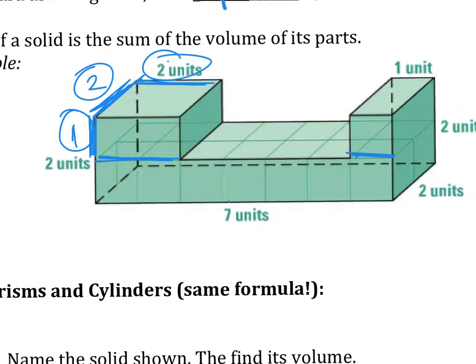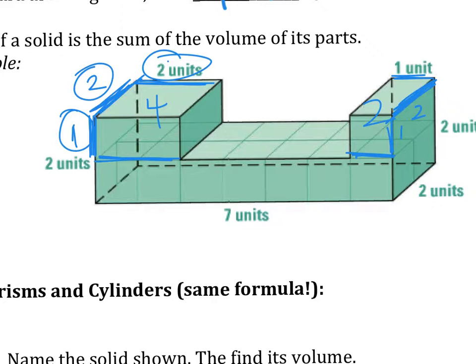What's 1 times 2 times 2? 4. Now I need 3 numbers over here. I've got a 1. What's this length? 2. How tall is it? 1. What's 1 times 2 times 1? 2. So the volume here is 2.